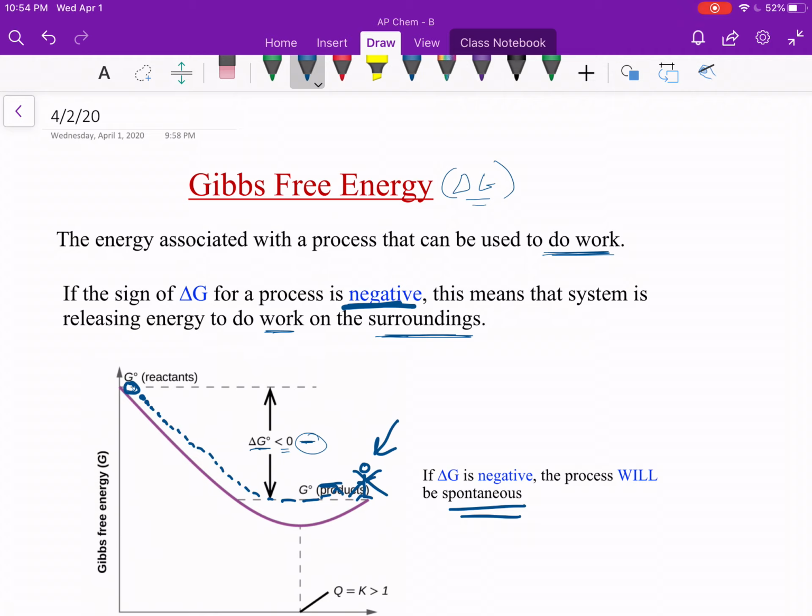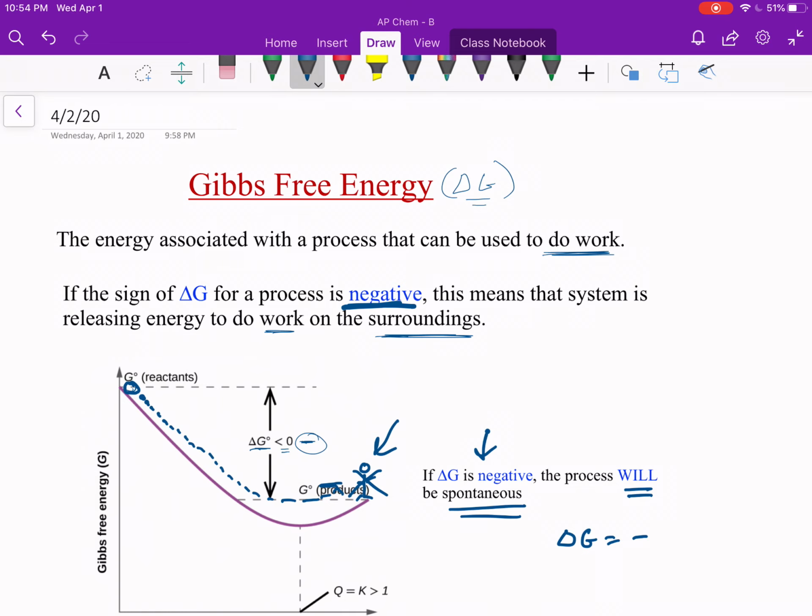So if delta G for a process is negative, the process is going to be spontaneous. Always. There's no exception to that.